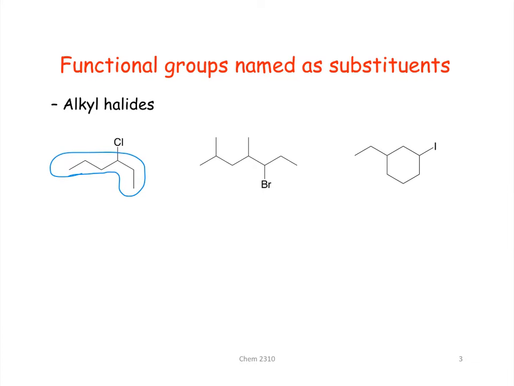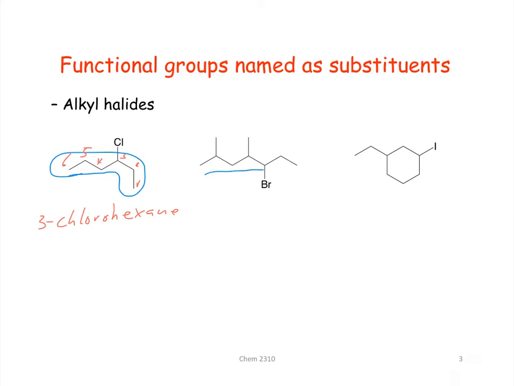We're going to number that chain to give the substituent, in this case a chloro, the lowest number. So we're going to number it this way: 3, 4, 5, 6. So this is just 3-chlorohexane. All right, simple.